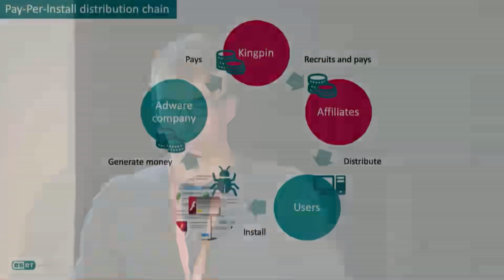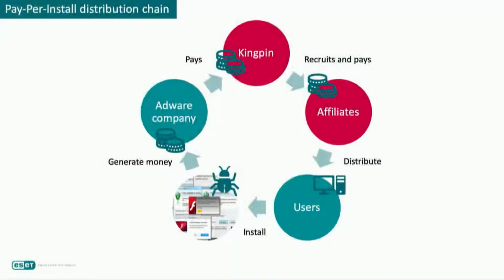So for those who are not familiar with this model, it is based on revenue sharing and commission. Basically, the kingpin at the top sets up a pay-per-install website. It recruits some affiliates, who are able to massively spread the installers bundled by the kingpin, and they are paid for each successful installation.